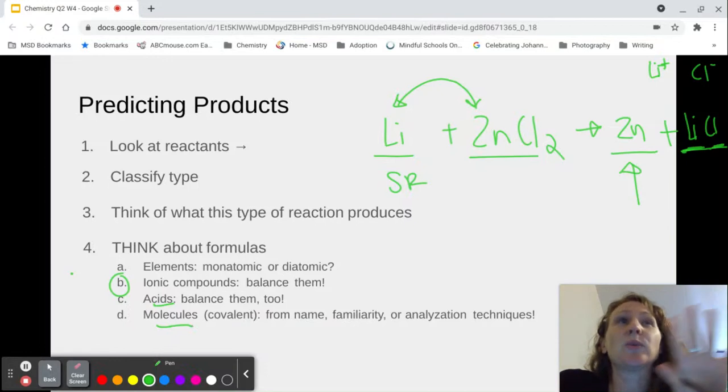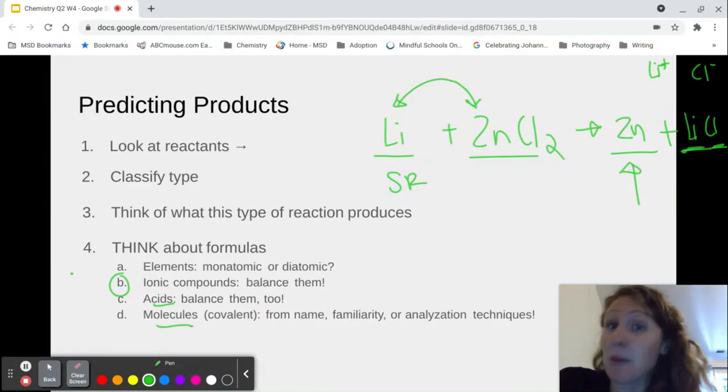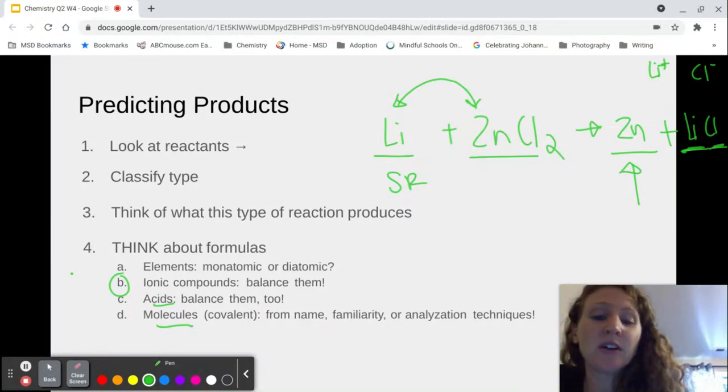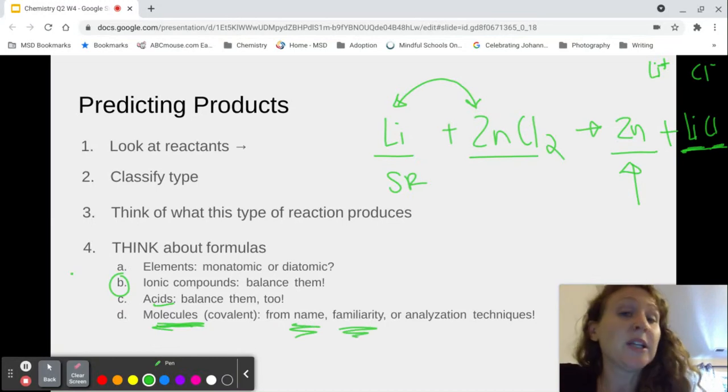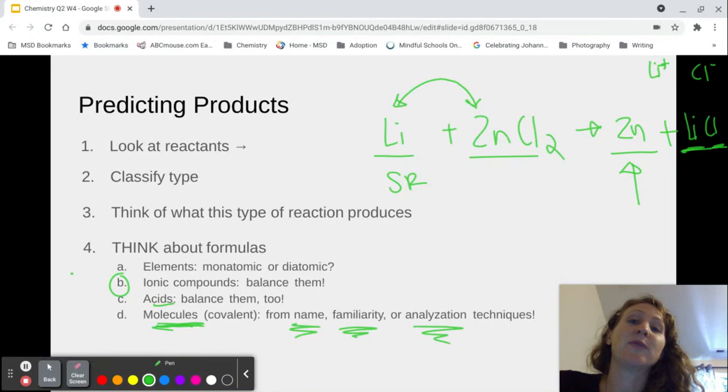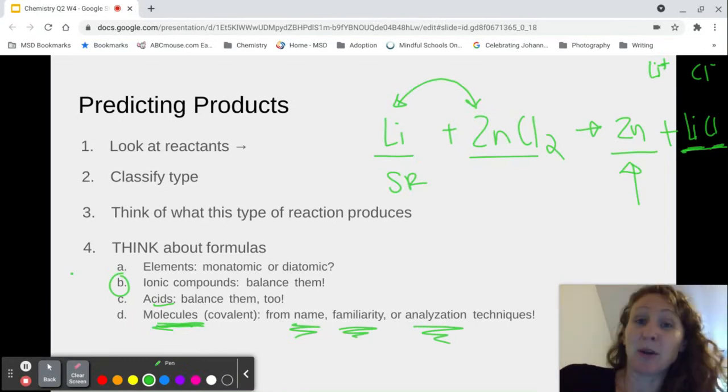So in real life chemistry, you're either going to write the molecule that you form from a name that's given to you, or you'll name them because you're familiar with the reaction, or you're going to have to run through some analyzation techniques like photoelectron spectroscopy and mass spectroscopy and a spectrophotometer.